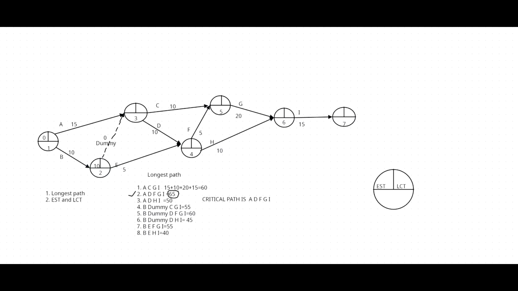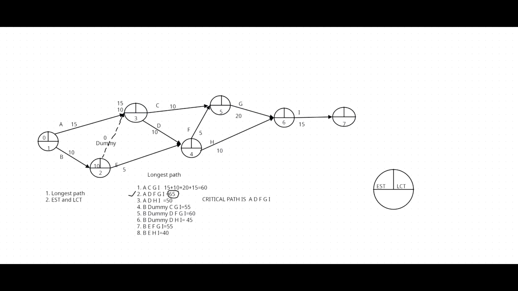Then 0 plus A, 15, that path value is 15, and via the dummy, the second event 10 plus dummy 0, 10. We can get 2 values for event number 3: one via A, 0 plus 15, 15, and via the second event through the dummy, 10 plus 0, 10.